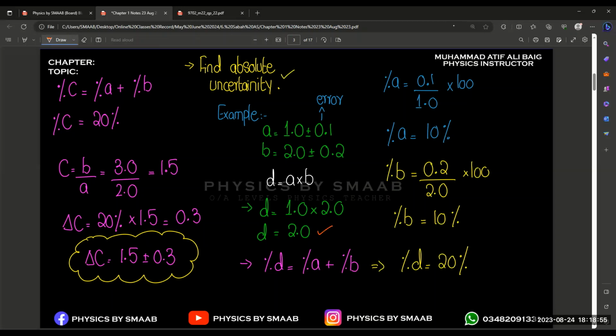The original value without errors. So we need to multiply. So the absolute error in D will be equal to 20% of 2.0, right? So you will get 0.4.